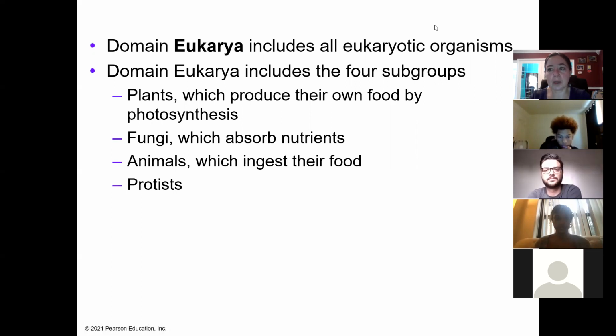Eukarya are organisms whose cells are eukaryotic cells, with the nucleus and membrane-enclosed organelles. Eukarya includes plants, fungi, animals, and protists. Protists are single-cell organisms, but their cellular organization pretty much matches that of plants and animals.